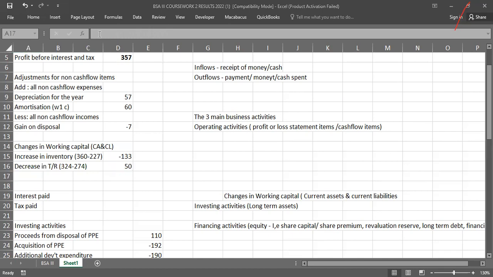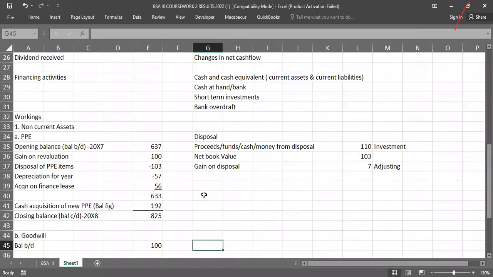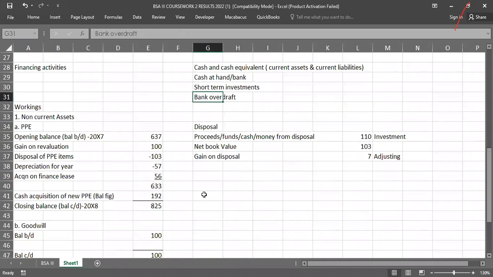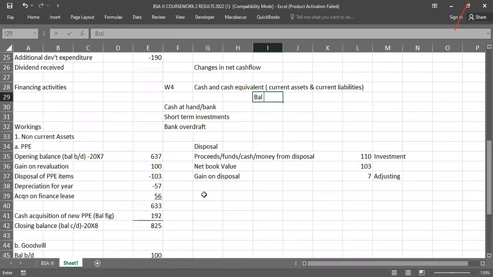Then we continue. Then you have investment. When you see investment, those are cash equivalents, especially if they're under current assets. So you go to our small thing that I've done here. It's actually working number 4 in your class notes. We're saying you're supposed to have opening balances, the balance brought down, then you have the balance carried down.